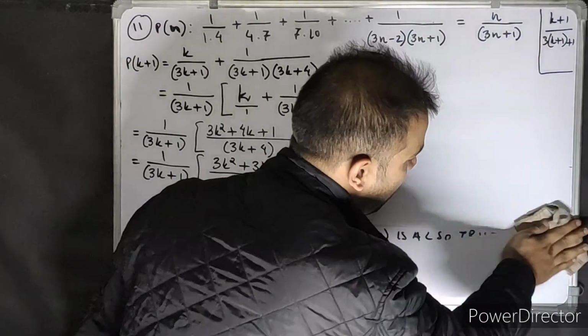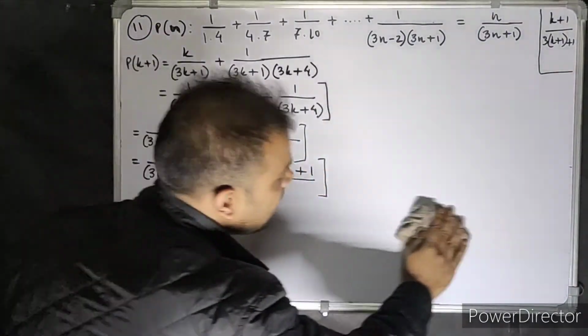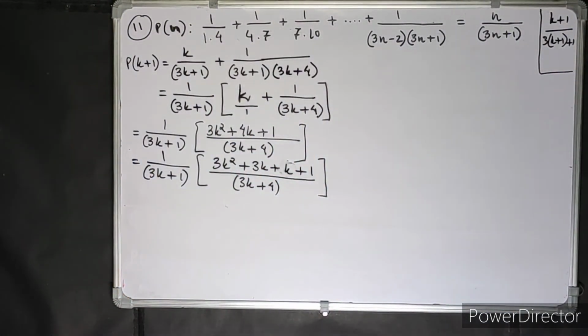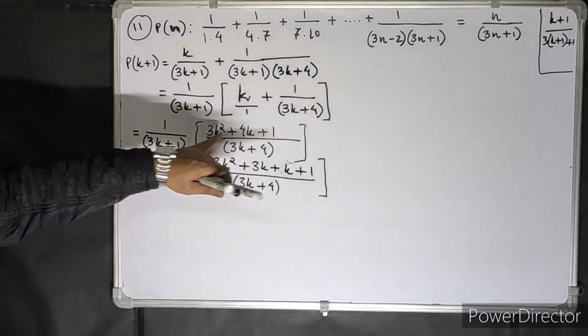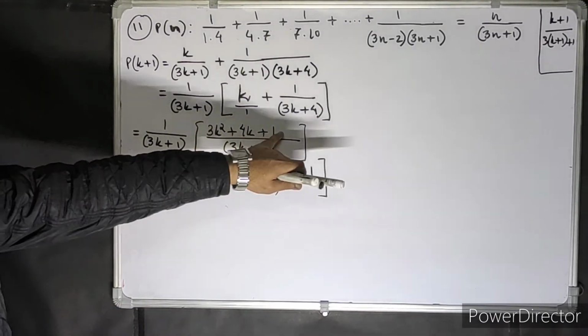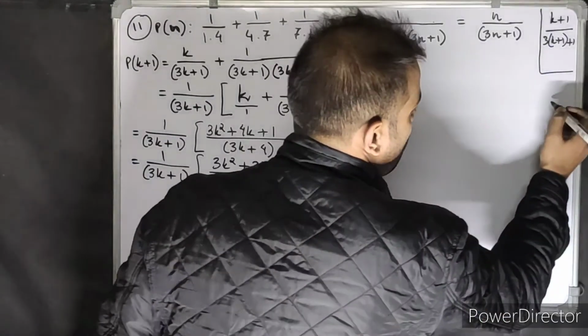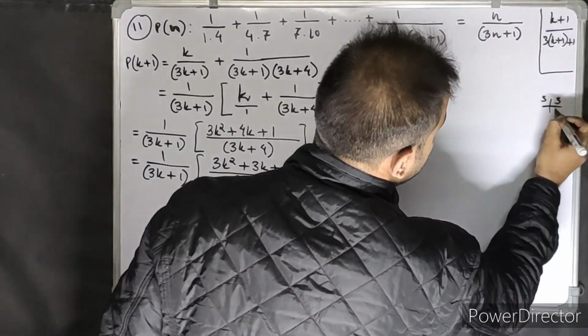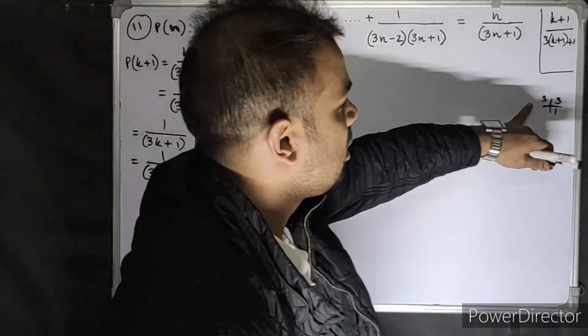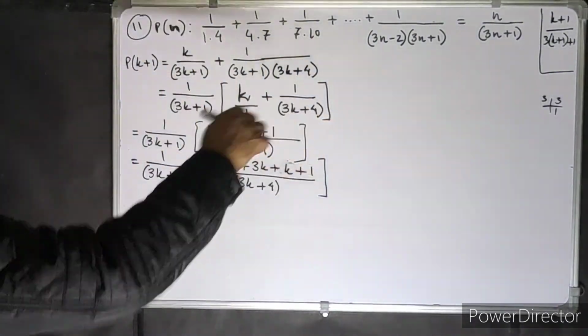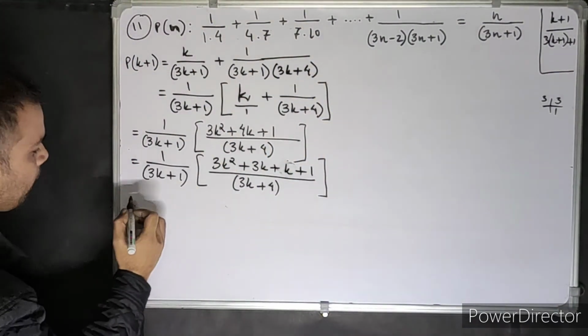Let's rub off this part. See what I did, look very carefully. I have done middle term break over here, that's 3 into 1 is 3, and the HCF of 3 is just 3 into 1 is 3. That's it. So 3 plus 1 is 4. So that's how you're getting 4.